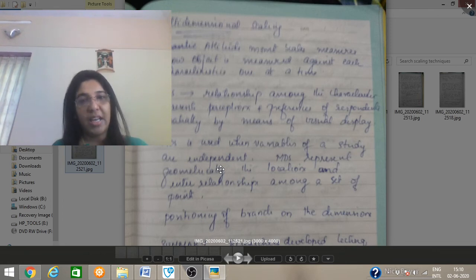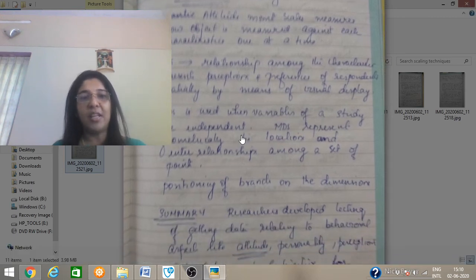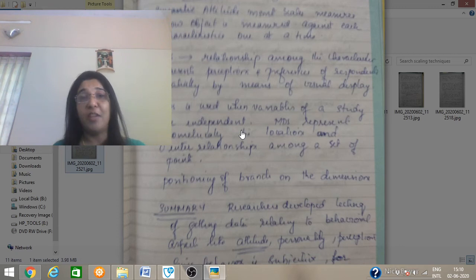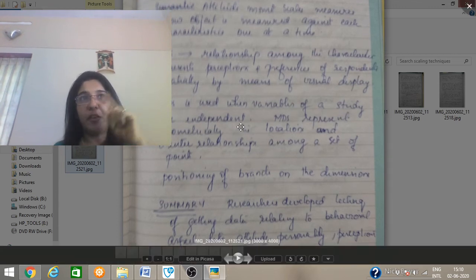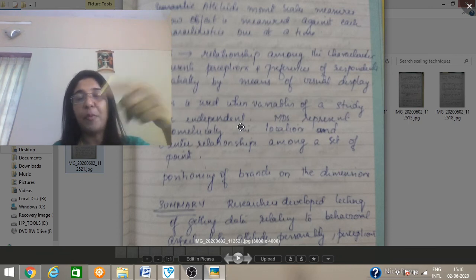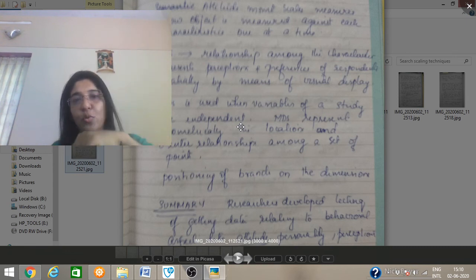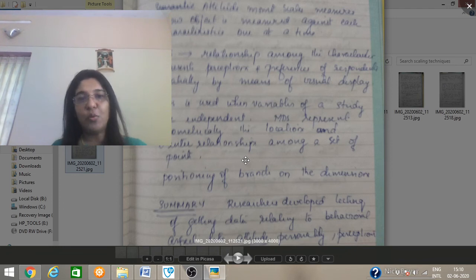It shows the relationship among the characteristics representing the perceptions and preferences of respondents spatially by means of a visual display. I have shown a visual display where you have x-axis, y-axis, etc., where you mark your preference for a particular brand based on those axes. MDS is used when the variables of a study are independent.